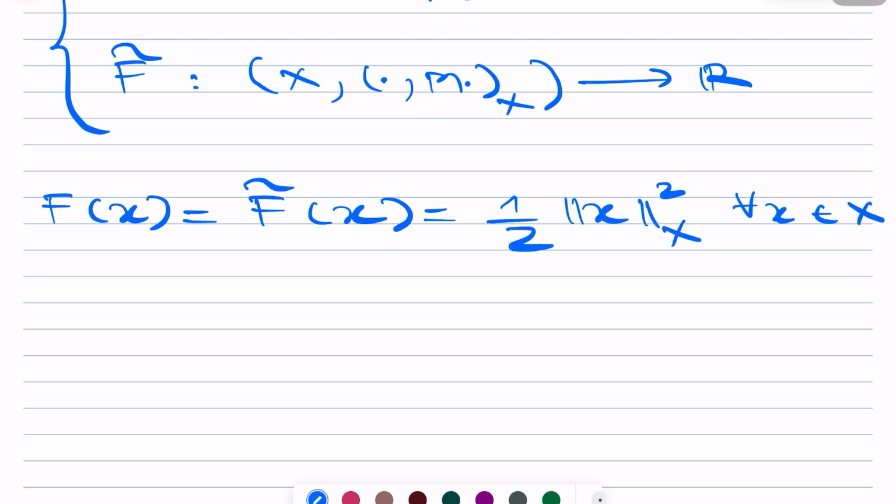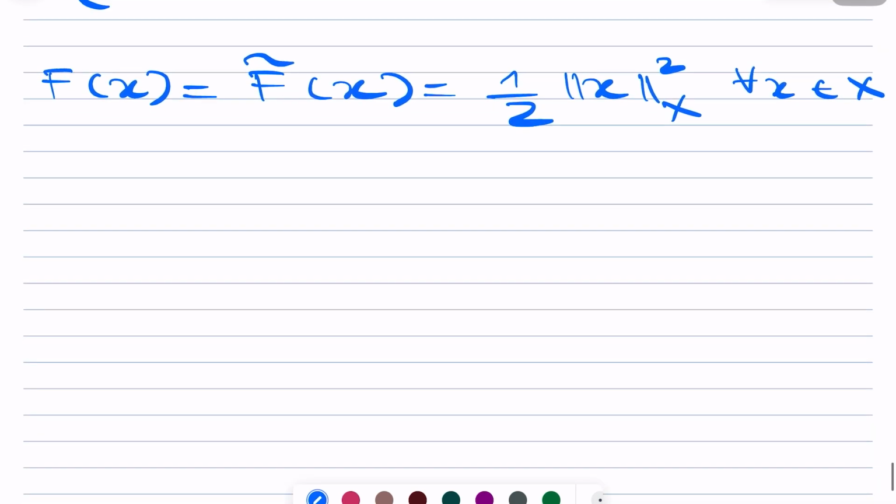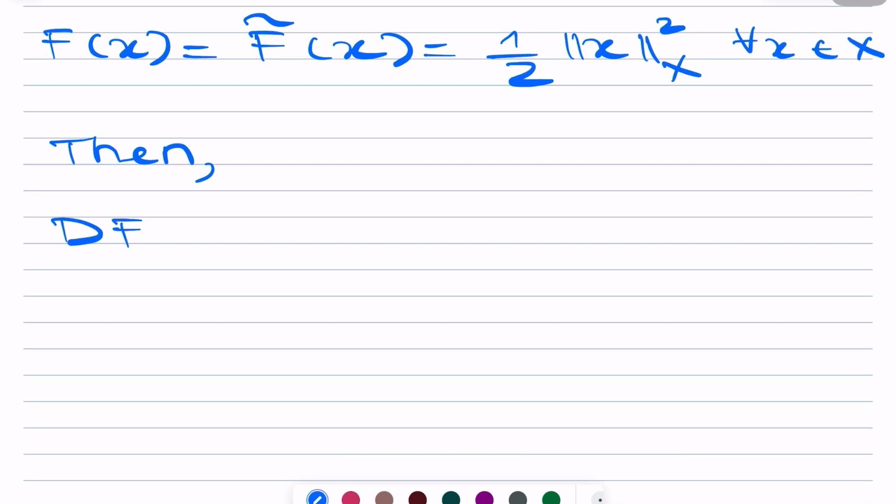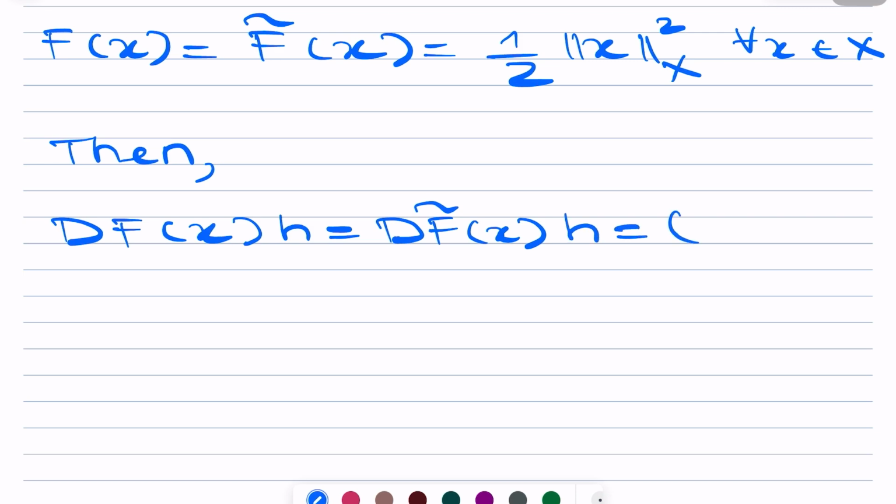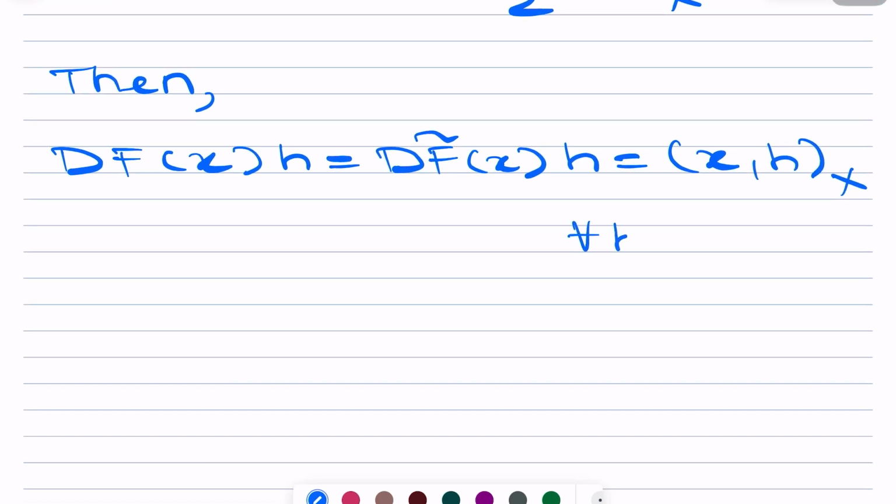So then, if you compute the Gâteaux differential of this functional, then you get that the Gâteaux derivative of f at x applied to h is exactly the same as the Gâteaux derivative of f tilde at x applied to h, which is exactly this scalar product in X, and this of course for all h in X. Okay, so this is clear.